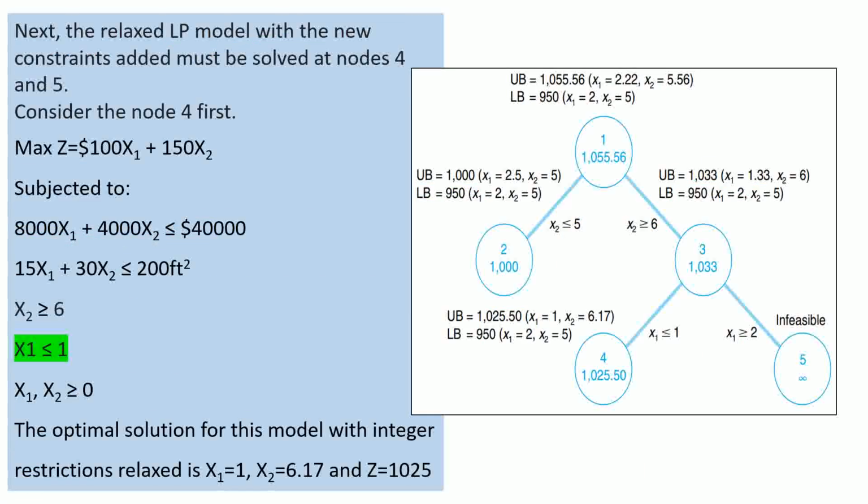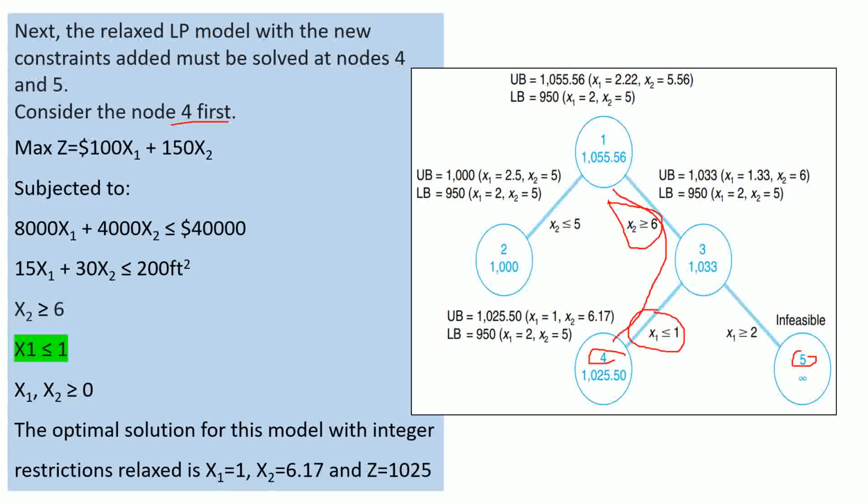Next, the relaxed linear programming model with the new constraints added must be solved at nodes 4 and 5, here and here. Now let's start with node 4. In node 4, we have to add this constraint, because here it is our iteration like this.